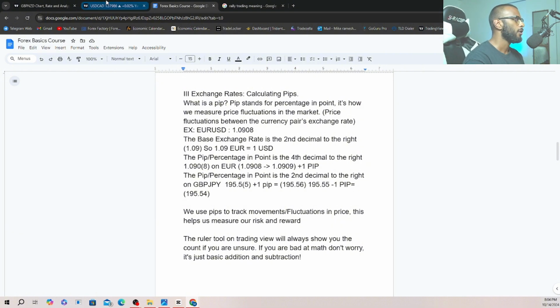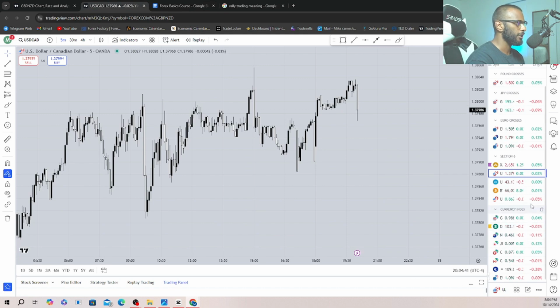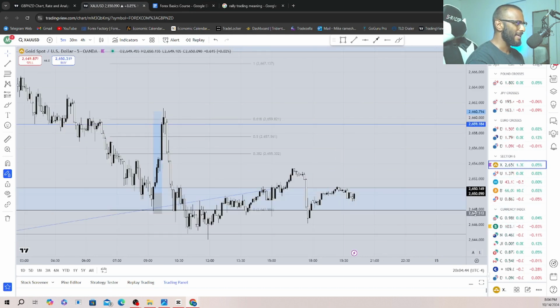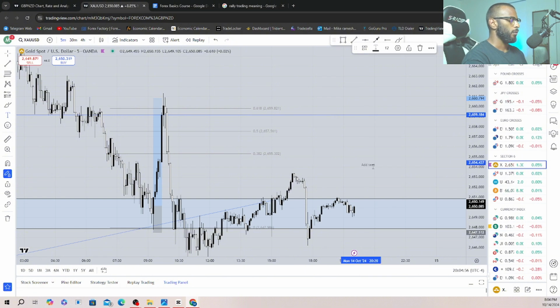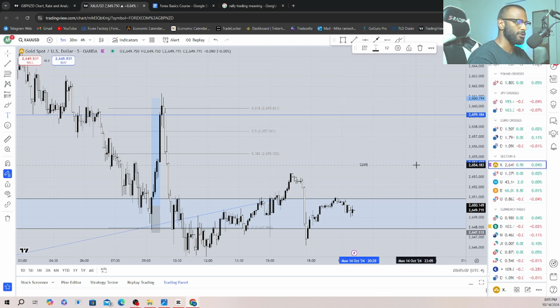Now, lastly, what I want to show you guys is essentially the pip count for gold. This is a precious metal, which is also known as a commodity, which is kind of like a subdivision of Forex. Now, essentially, the price that we see here on the screen is relative to the price of gold per ounce of gold.